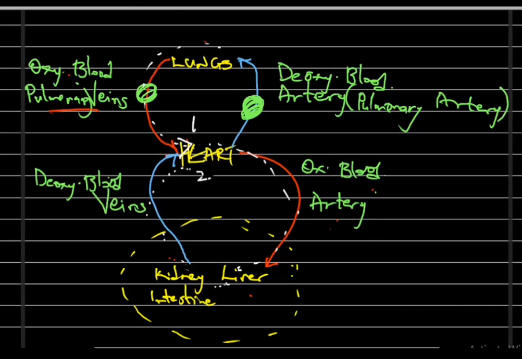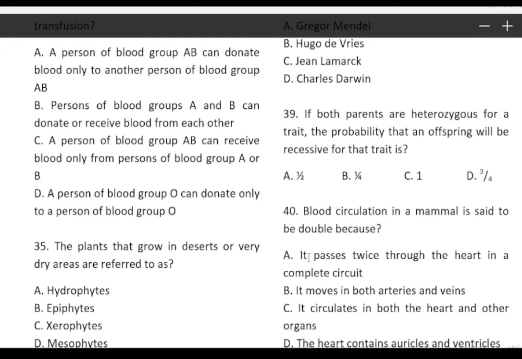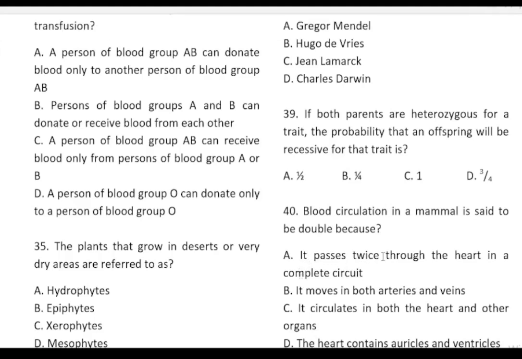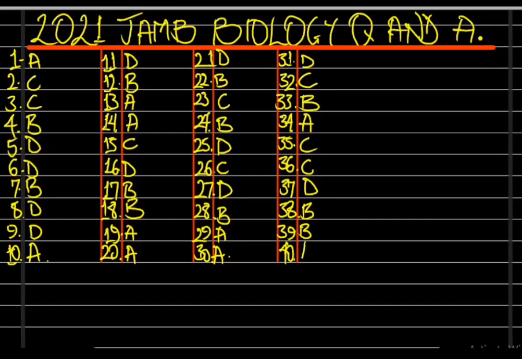Now when the carbon dioxide has been put in the blood, it goes to the heart and then the heart takes it back to the lungs for expulsion. So those are the two times that the blood gets to the heart, and that is why it is called double circulation. So the blood passes twice through the heart in a complete circle. That is the answer to the 40th question there, option A.